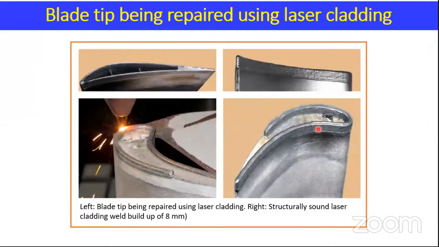And again, for turbine blades, especially the tips are more prone to damage, and those tips can be repaired by depositing materials like this, and then eventually dimensional accuracy and dimensional restoration can be obtained.